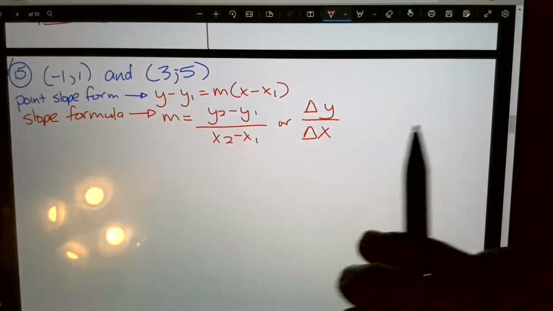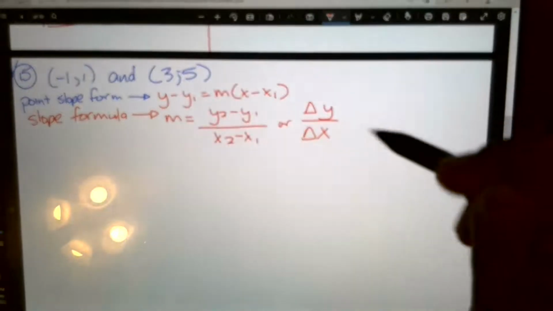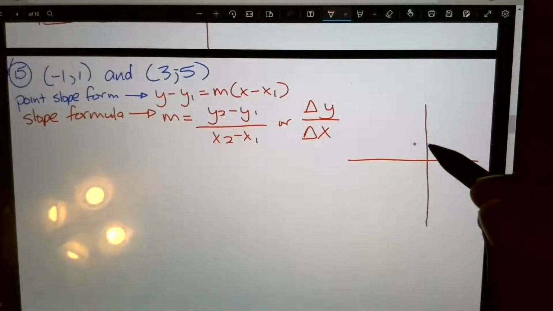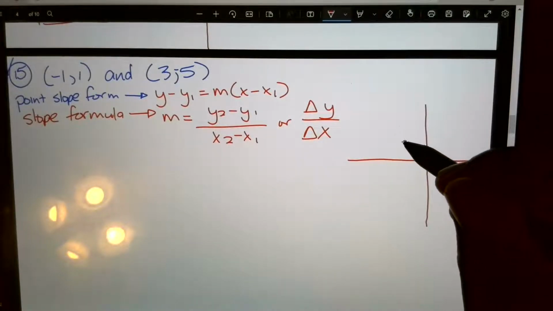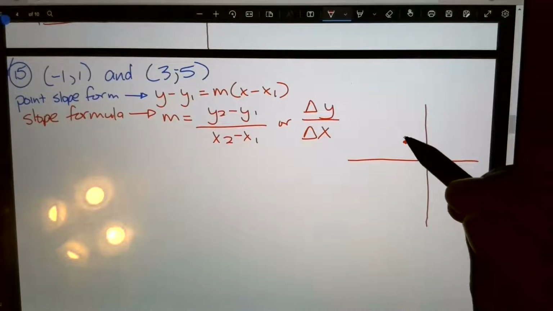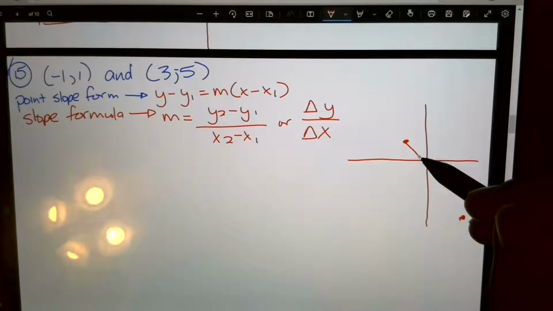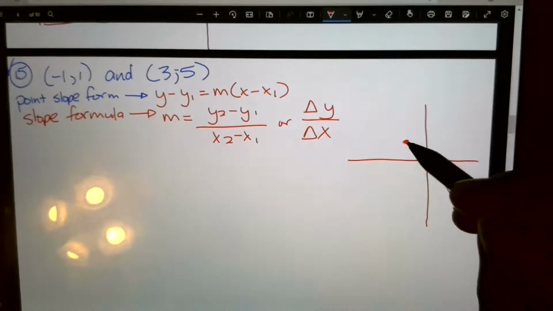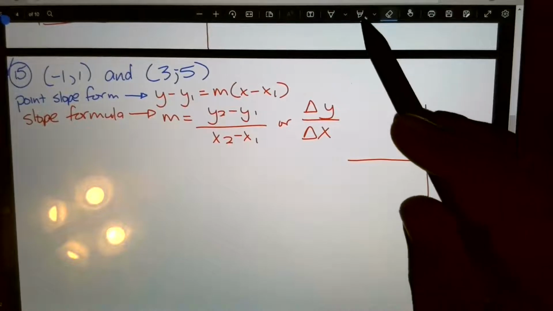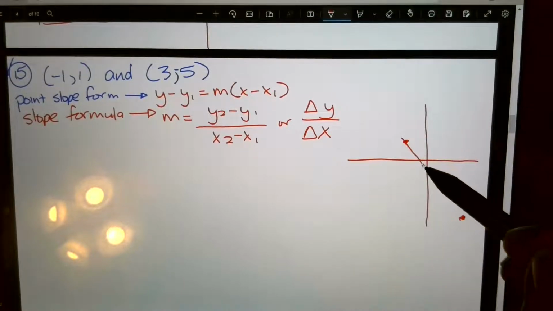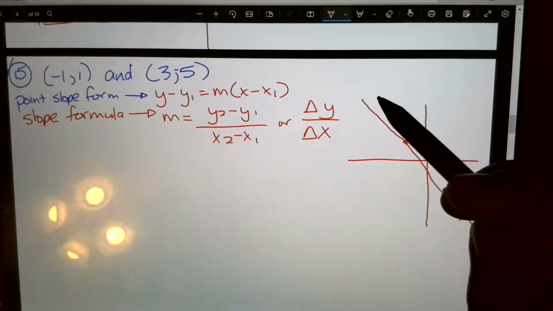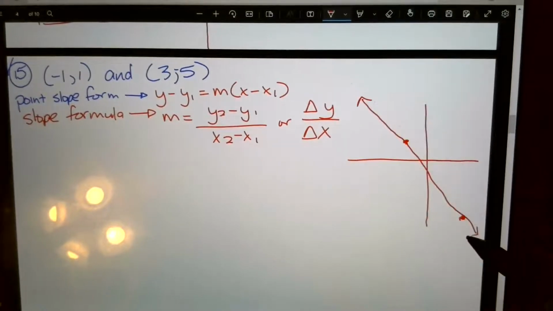I guess this would be easier with a graph. But a sketch, -1, 1 would be there. 3, -5 would be there. And this line, missed completely. Let's try again. Got it. Boom, boom.